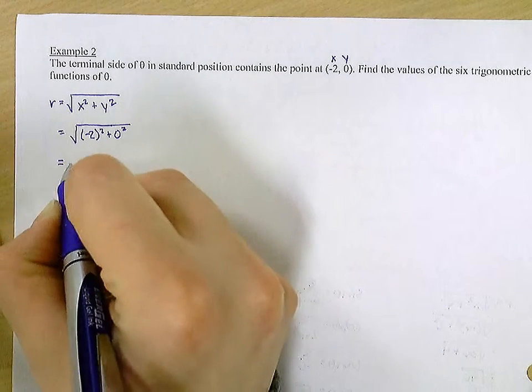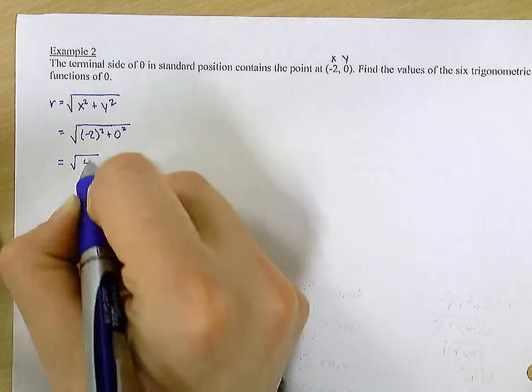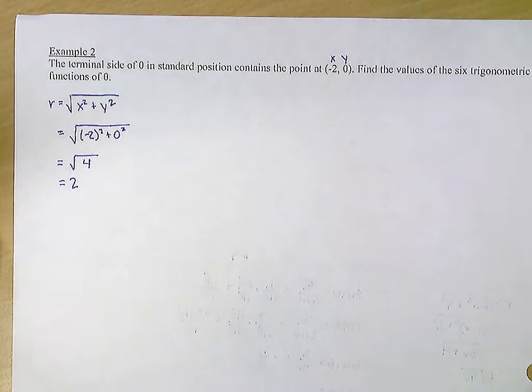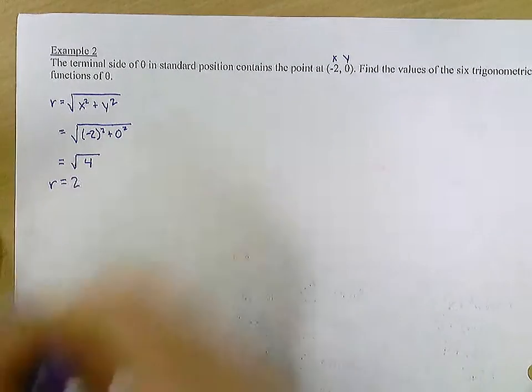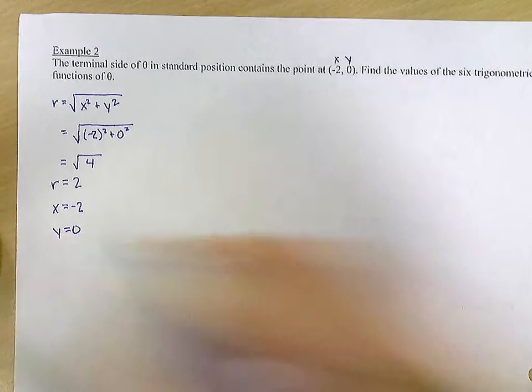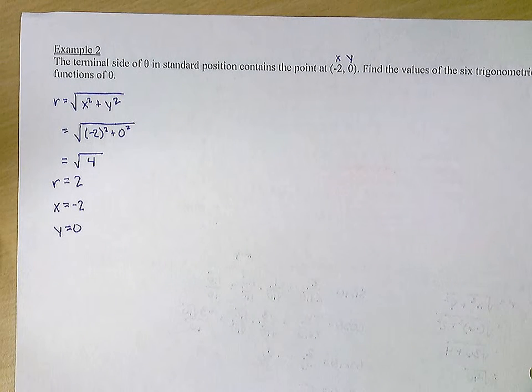Okay, negative 2 squared is 4. So I have the square root of 4, which is equal to 2. Okay, so my r value is equal to 2, x is equal to negative 2, and y is equal to 0. So I can use those to find my 6 trig functions from theta.